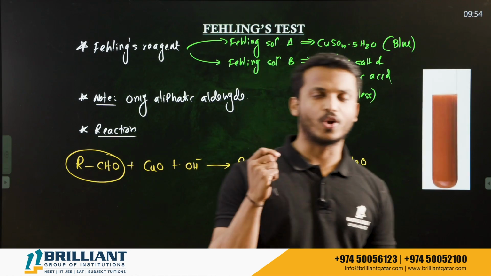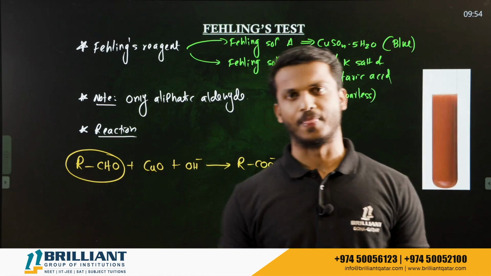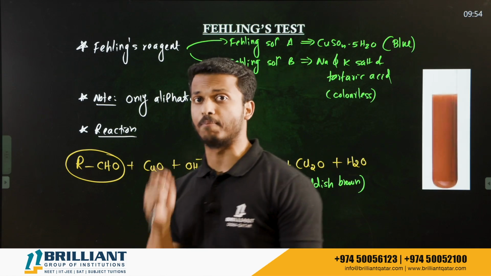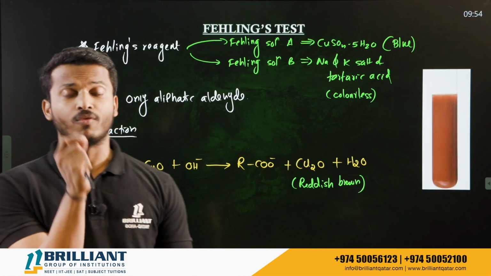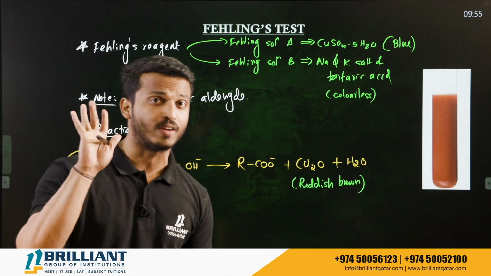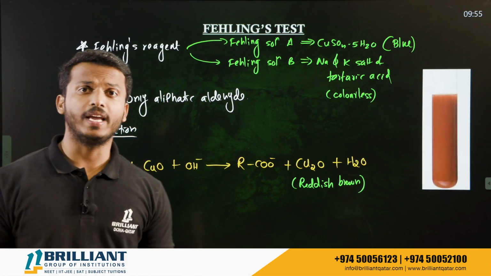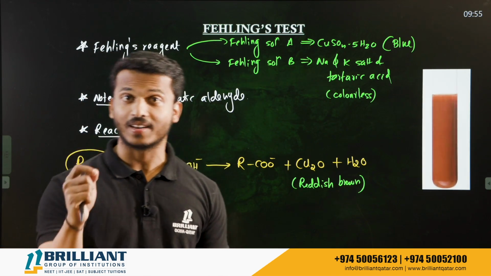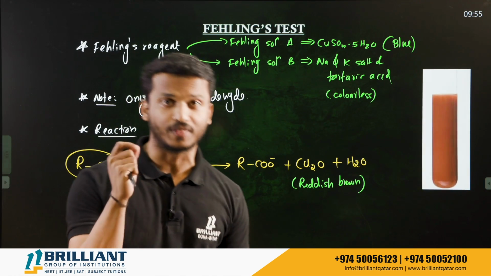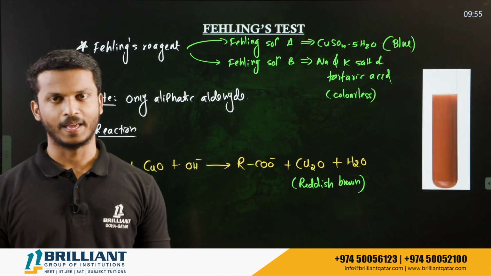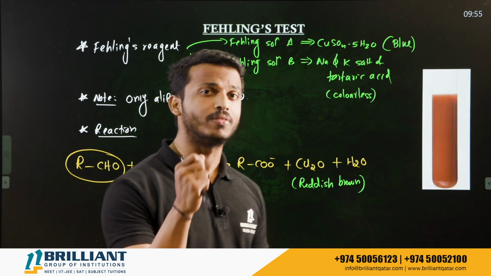Fehling's test, if you want to carry it out, we need Fehling's reagent. What is Fehling's reagent? It's A and B. What is Fehling solution A? Fehling solution A is copper sulfate pentahydrate, with a blue color. Fehling solution B is sodium potassium tartrate, or the sodium and potassium salt of tartaric acid. It's colorless. Now, which compounds can give this test?